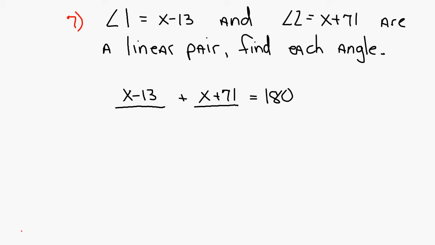All right, combine like terms. So your x plus x is 2x, and then negative 13 plus 71 is 58. So 2x plus 58 equals 180.